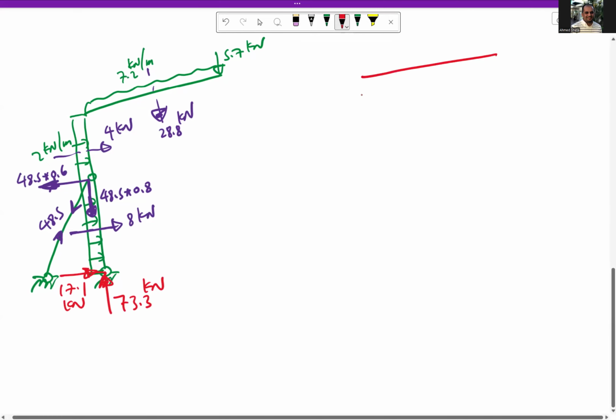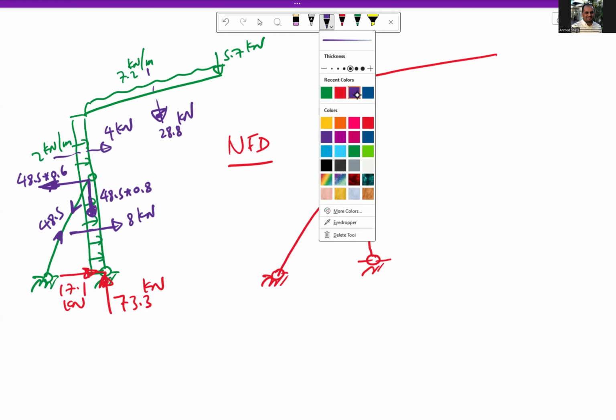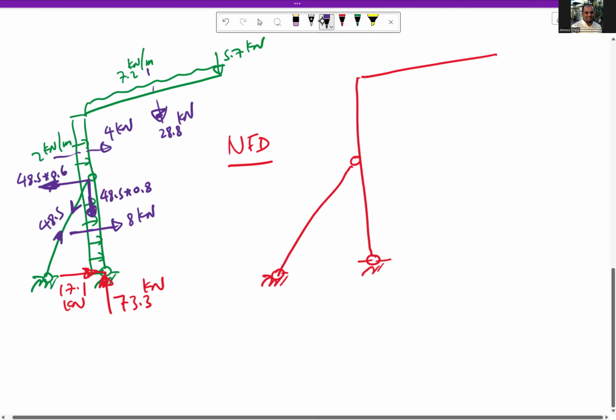So for the normal force diagram, or the axial force diagram, if we want to draw it, the normal force on this tie is 48.5 kilonewton tension.